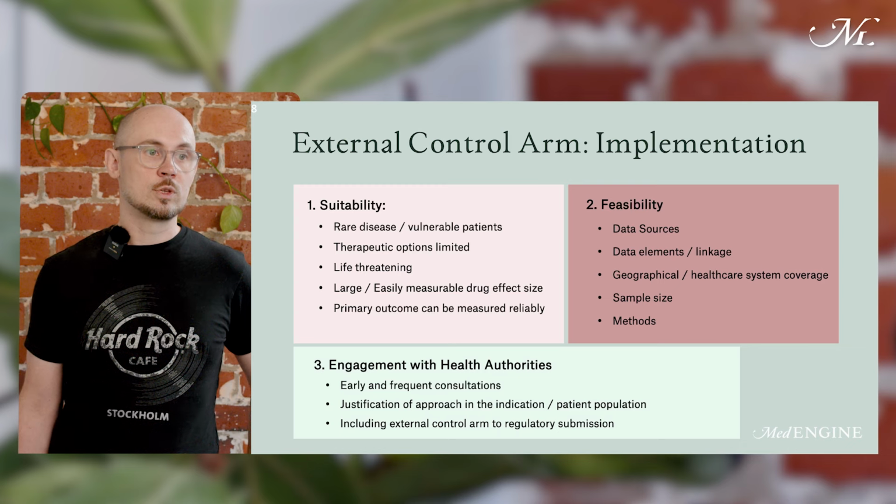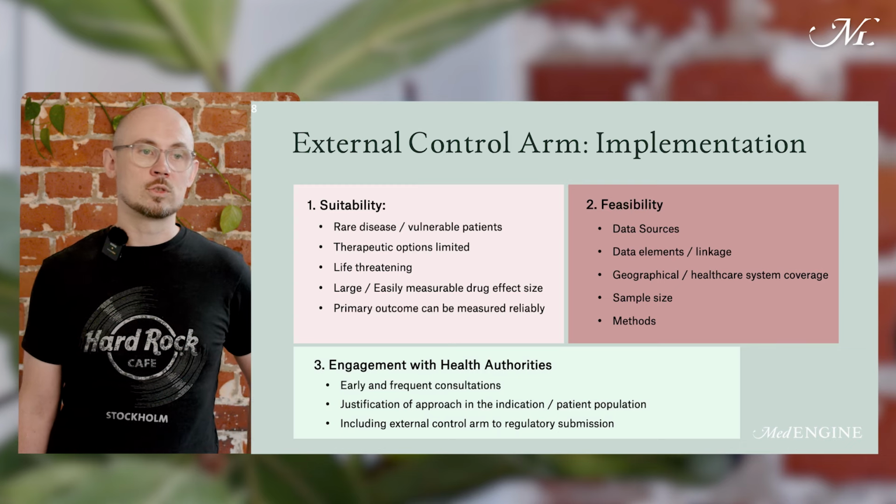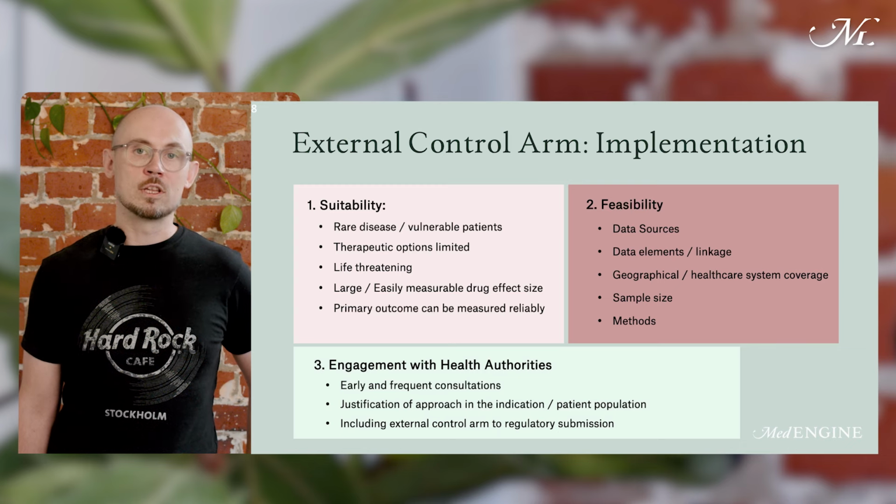Under suitability, we know that the most common use cases are in rare diseases, patients who have limited therapeutic options, and also very life-threatening diseases. And there are other factors as well.